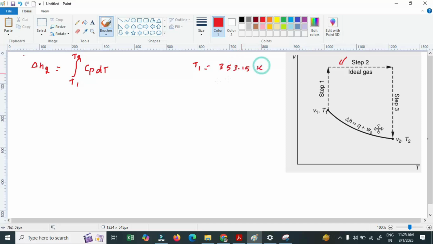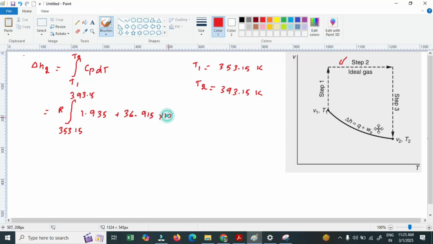Just substituting the Cp value, R multiplied by the integral from 353.15 to 393.15 of 1.935 plus 36.915 multiplied by 10 power minus 3 into T, minus 11.402 multiplied by 10 power minus 6 T power 2 dT.